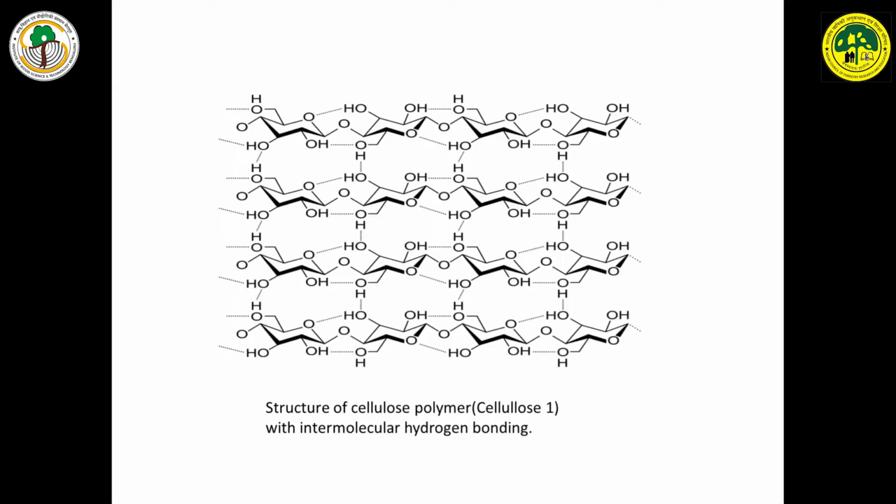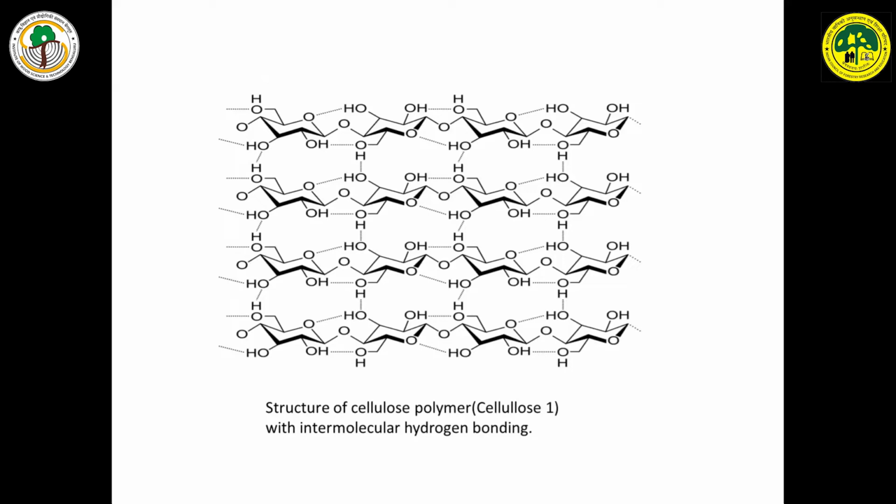And cellulose is not only crystalline, it is also amorphous in nature. Most of the cellulose is crystalline compared to the amorphous part. Amorphous means there is no regular arrangement of these beta glucose units in the chains of cellulose.